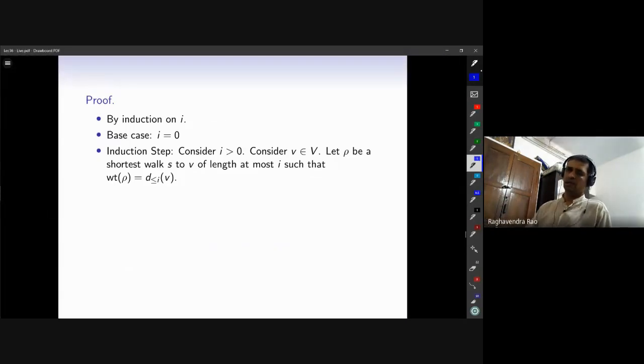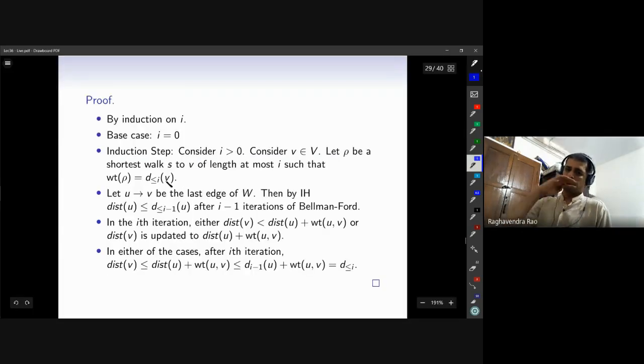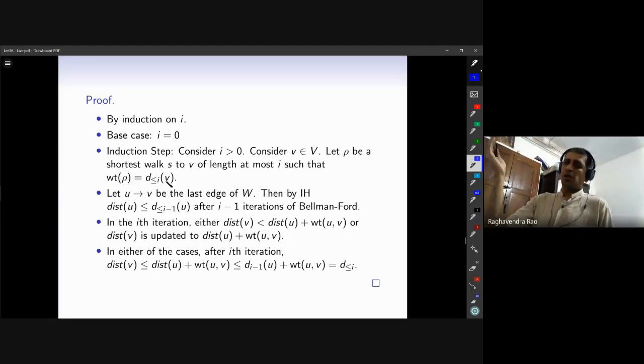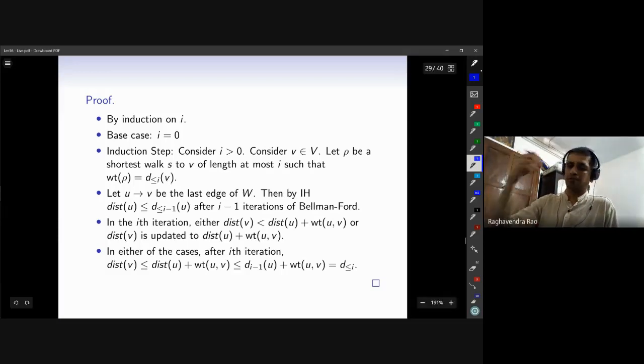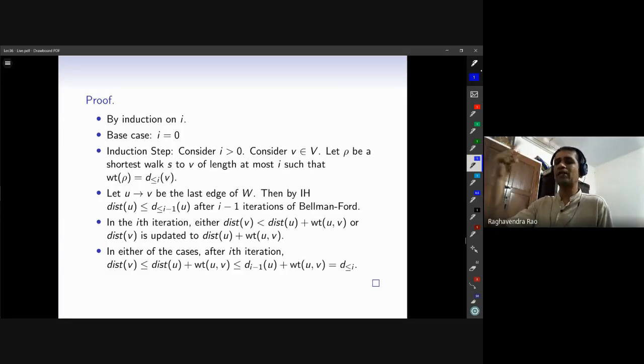Let's consider an arbitrary vertex V, and let rho be a shortest S to V walk of at most i edges, so that the weight of rho is at most d less than or equal to i of V. By the induction hypothesis, for walks of at most i minus 1 edges, the distance value of any node u is the shortest weight of such walks.